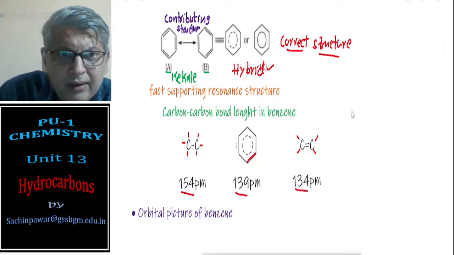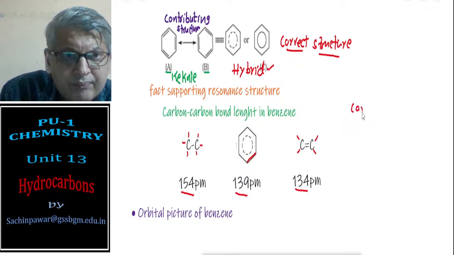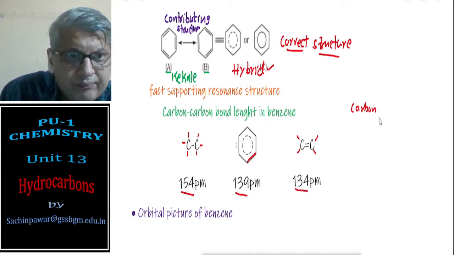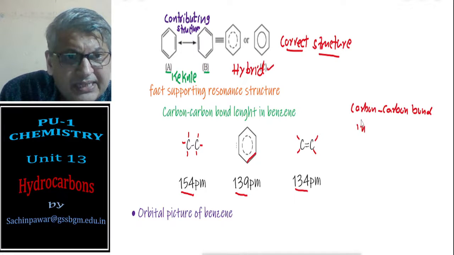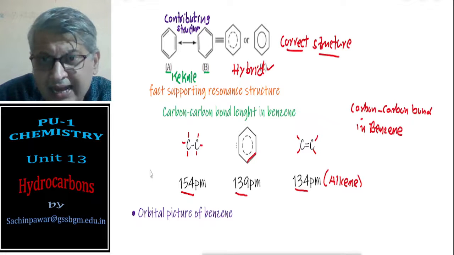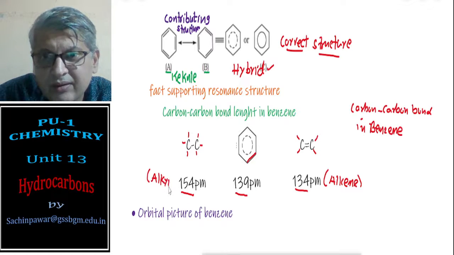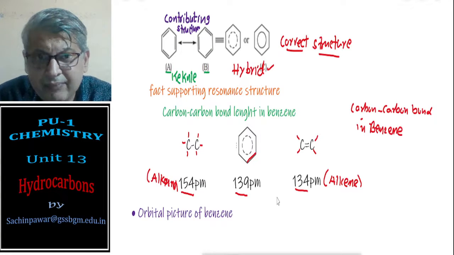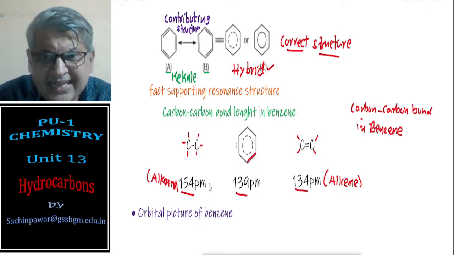So a carbon-carbon bond in benzene is neither alkene type, that is double bond, nor alkane type, that is single bond. It is in between that of alkene and alkane.